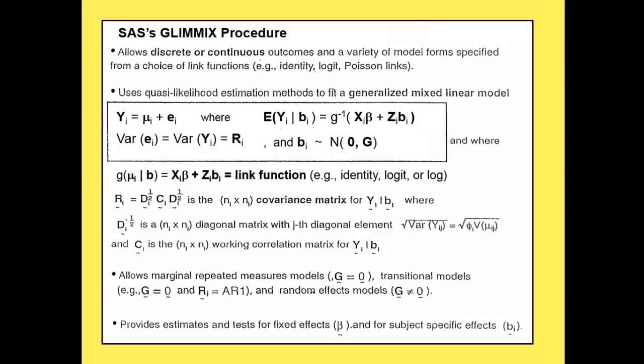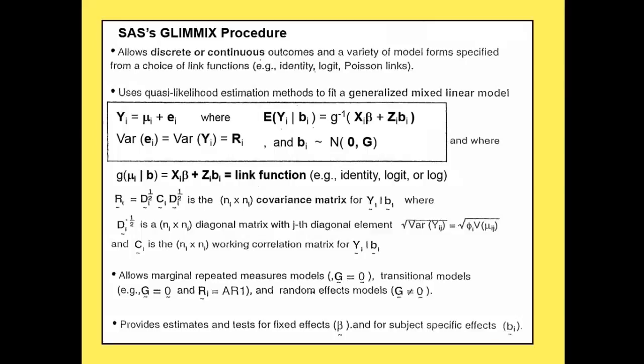But GenMod didn't allow random effects. So GLIMMIX is more general, and that's why people tend to use GLIMMIX almost any time you have a nonlinear model, or even a linear model. SAS recently wrote that they recommend that you use GLIMMIX for everything, pretty much, if you're using SAS procedures to deal with correlated data.